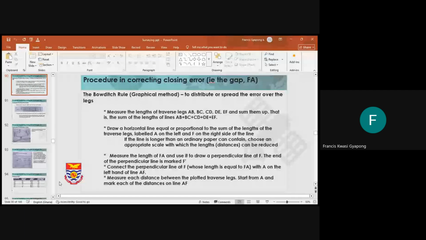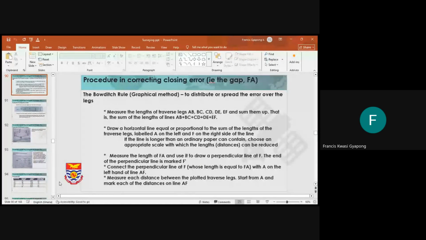What did you get? 2. Okay, that's all right. Who else? I got 1.9. Okay, that's all right. So record it. BC equal to 1.9 or 2, as the case may be.